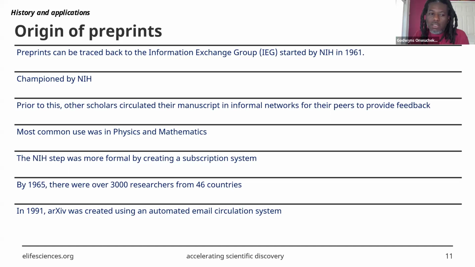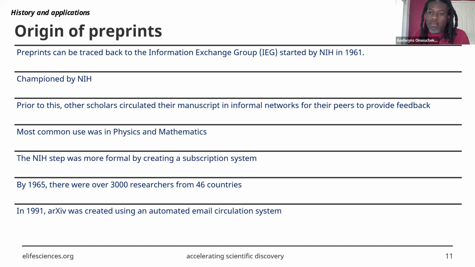As you can see, this is not a comprehensive timeline, it's just picking out some of the milestones. By 1965, there were more than 3,000 researchers from as many as 46 countries taking part in it, because of the subscription system that NIH created.